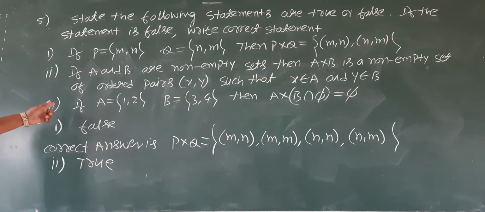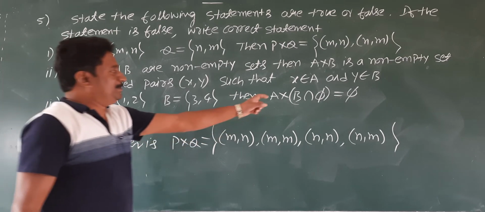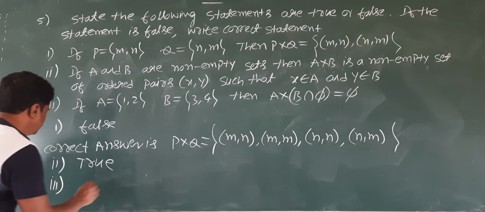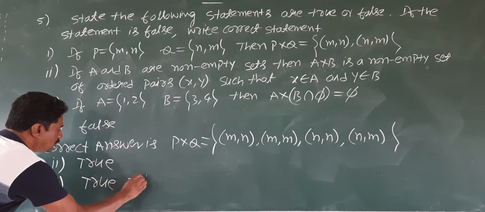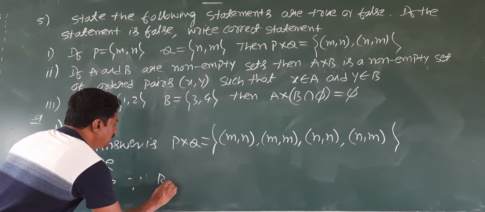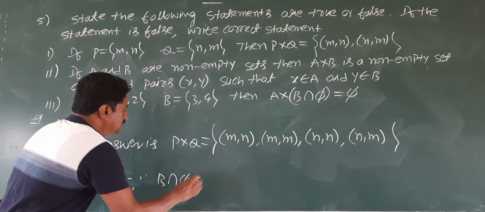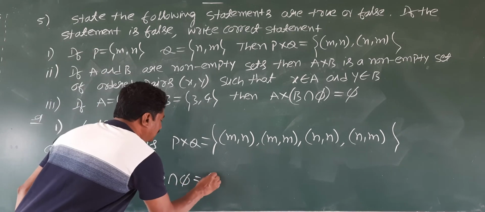Enough. Now let's move on to the third one. Third one is also true. Why is it true? The intersection of empty set with any set is empty set.